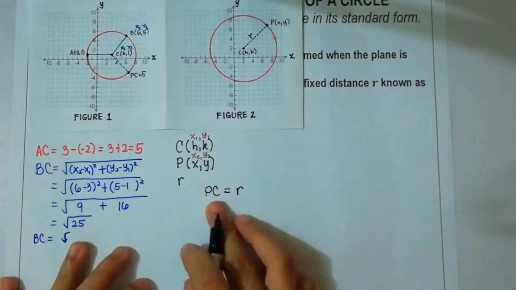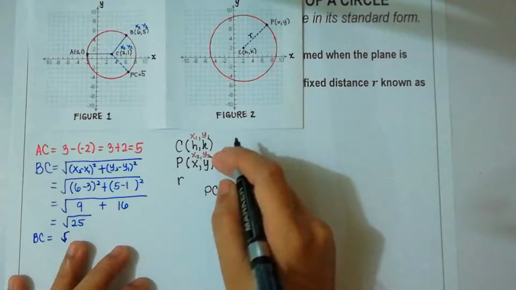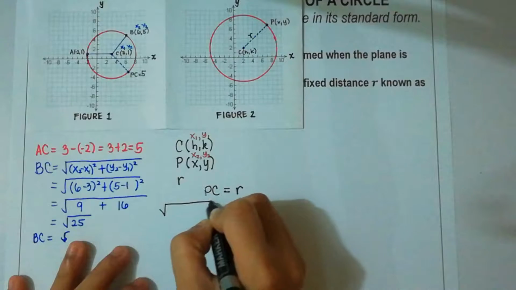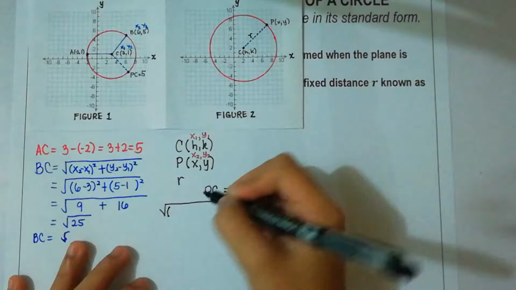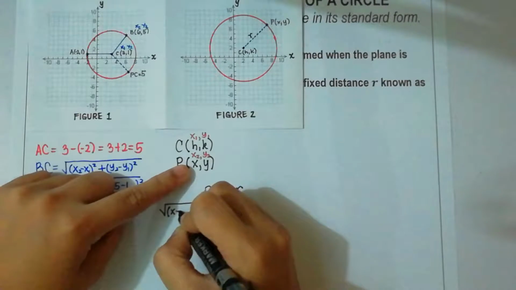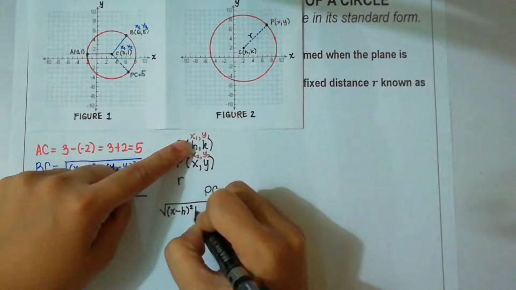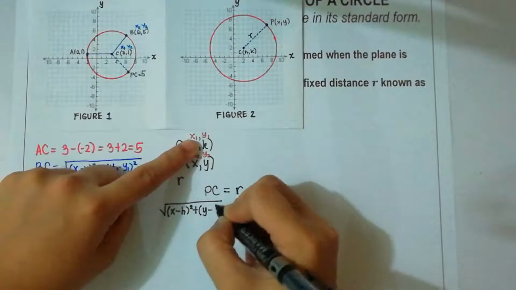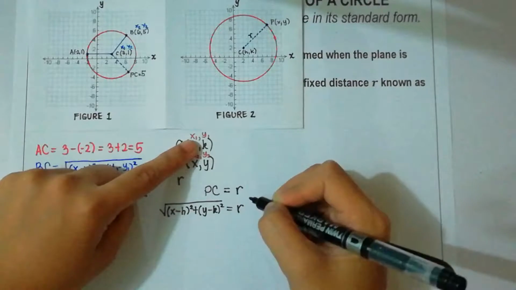So point P to C is equal to the square root of (x minus h) squared plus (y minus k) squared, which is equal to r.